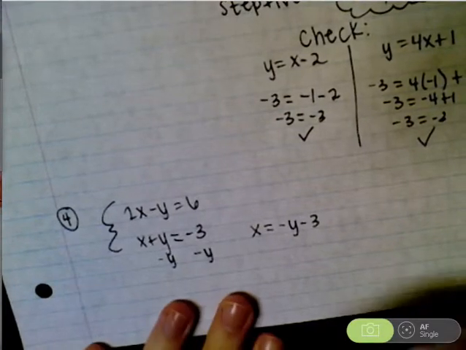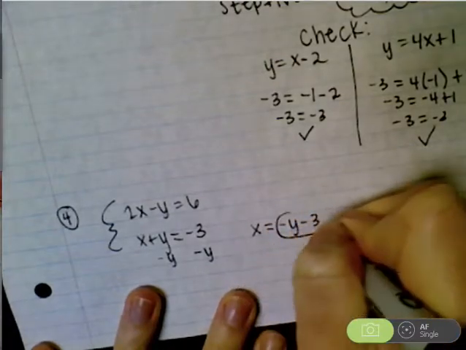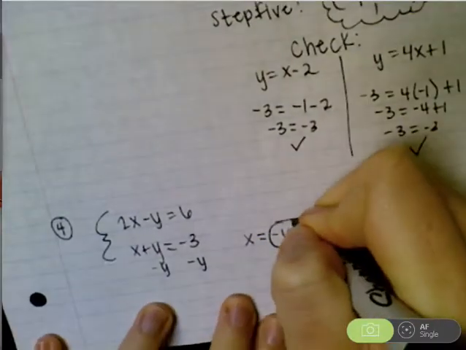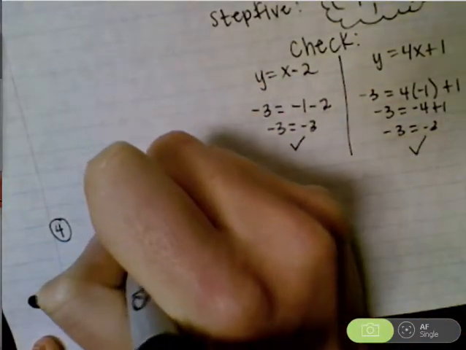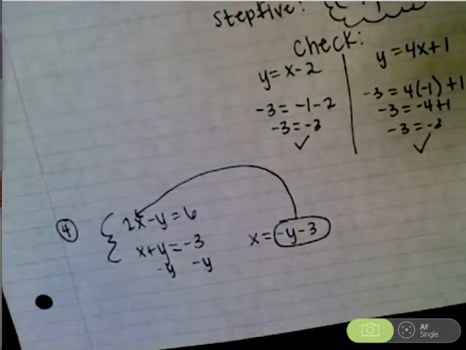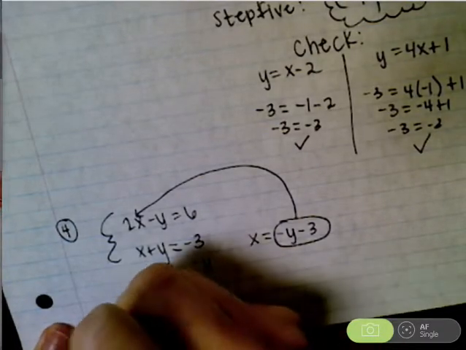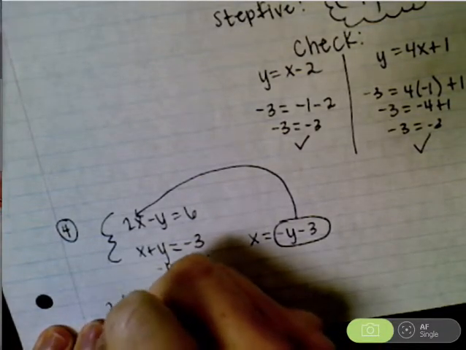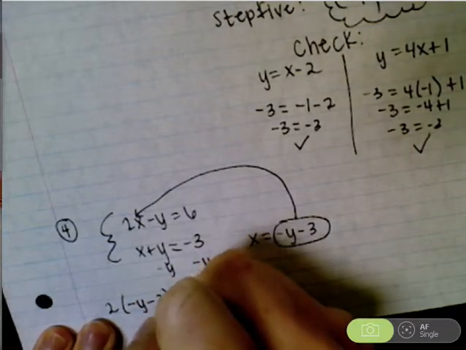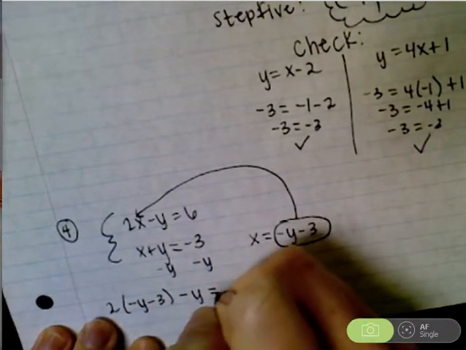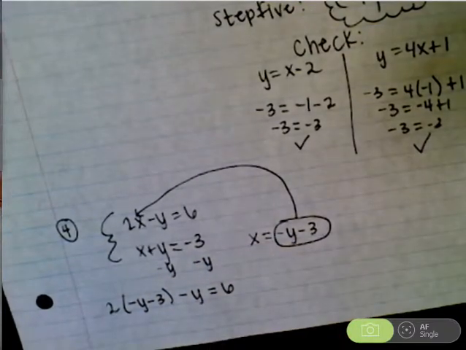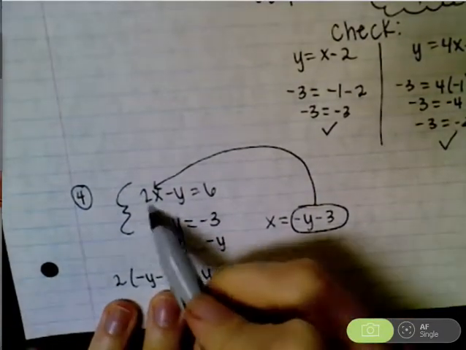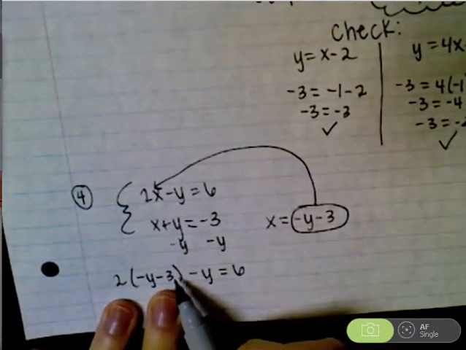So now that I know that x is equal to -y minus 3, I'm going to substitute that expression for x in the first equation. So that would be 2 times -y minus 3 minus y equals 6. So all I did was replace x with -y minus 3.